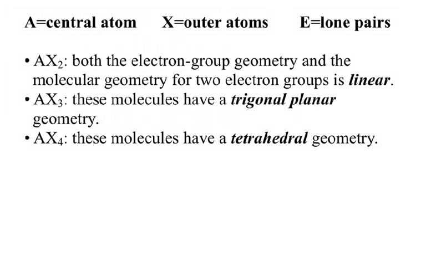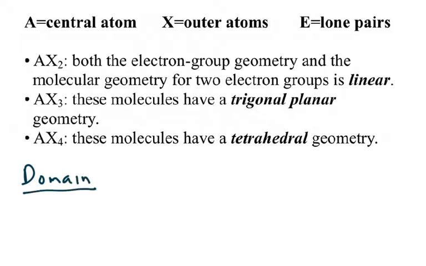Now, here's what we're going to do. We're going to look at something called electron geometry. The electron geometry is based on how many domains are surrounding the central atom. When I say domain, a domain can be one of two things.